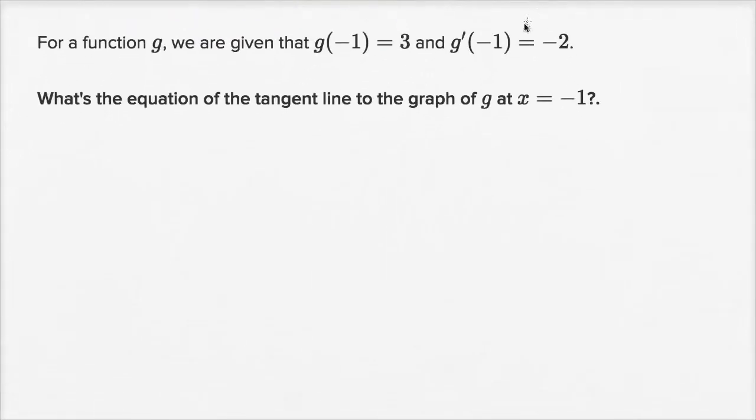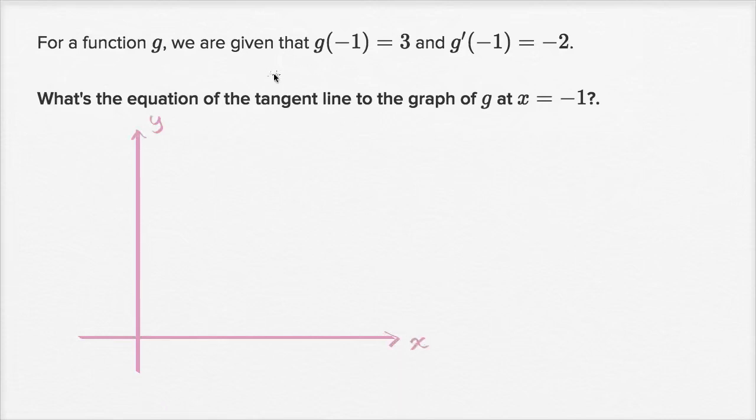For a function g, we are given that g of -1 equals 3, and g prime of -1 is equal to -2. What is the equation of the tangent line to the graph of g at x equals -1? All right, once again, I think it will be helpful to graph this. So we have our y-axis, we have our x-axis.